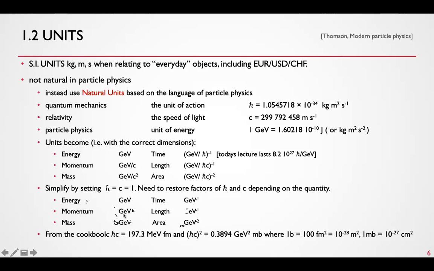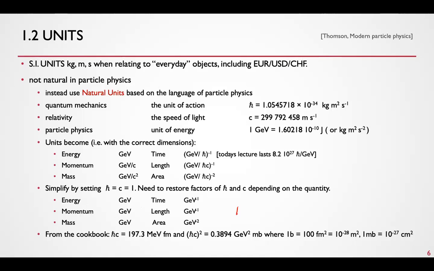If you want to change from natural units to SI units, you have to put the units back. And if you put the units back, you have to know what you calculated. So you have to add extra information. Now let me try my iPad here to show you how this goes.